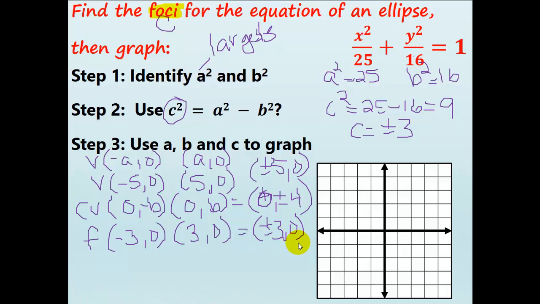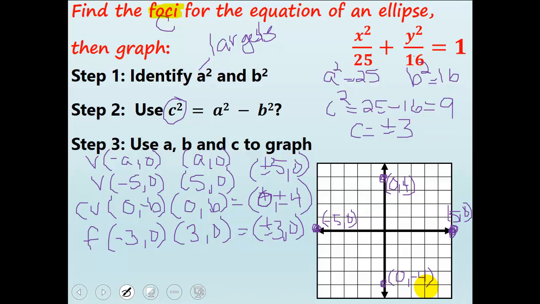So now all I have to do is plot these points. So here's 5, 0. Here's -5, 0. Here's 0, 4. That's a co-vertex. That's 0, -4. That's a co-vertex.